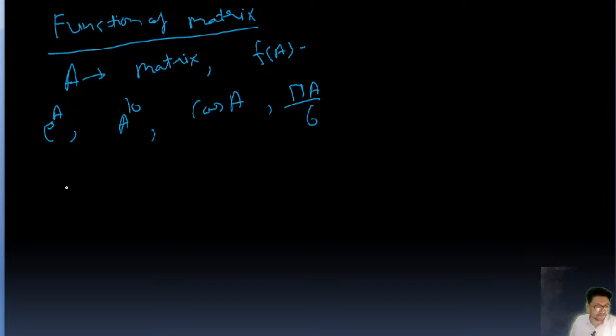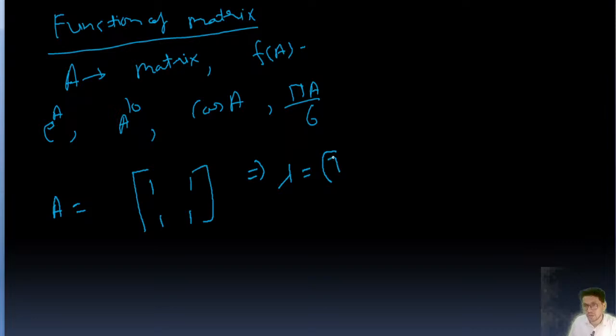For example, I'll show you. If A is given as 1 1 1 1, this is the matrix, and we know the eigenvalues of this. Because two rows are identical, or two columns are identical, in that case the eigenvalues are trace A and 0.